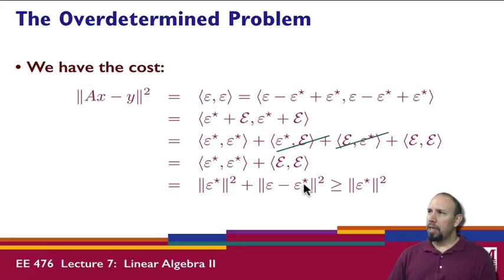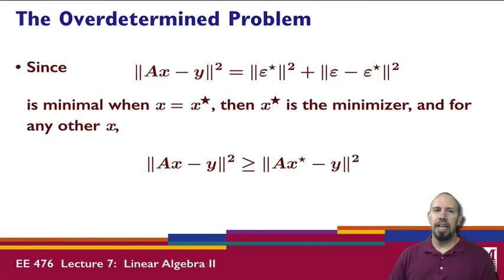And so that means that the error must be equal to error star. In order for this to be 0, the error must be equal to error star. So that's where you get the smallest norm. So when we minimize that quantity with respect to x, we're choosing the x so that x is equal to x star. Okay, so the norm squared of Ax minus y is given by this.